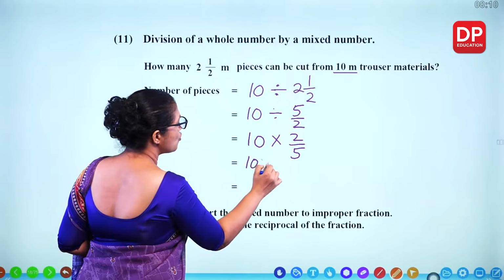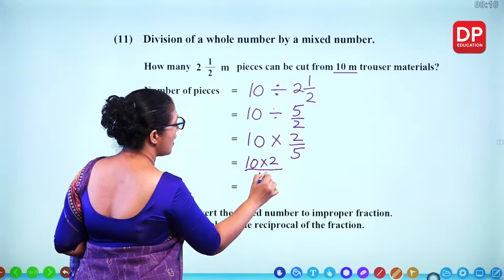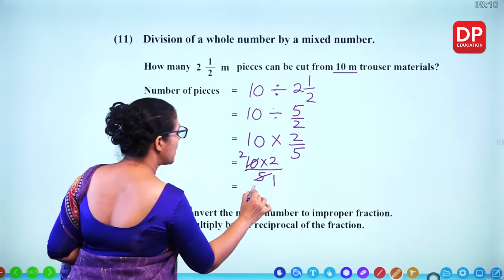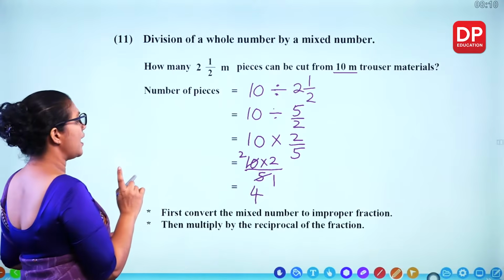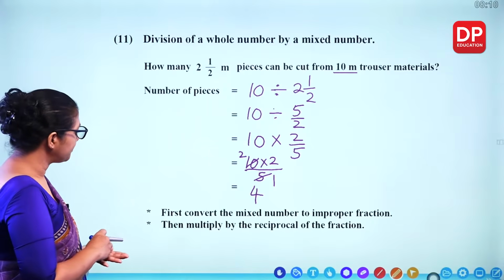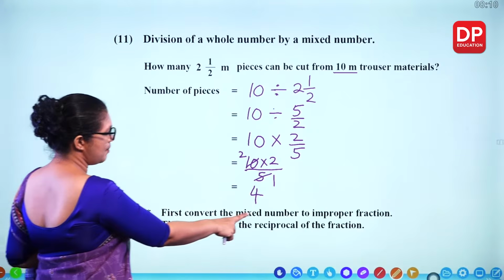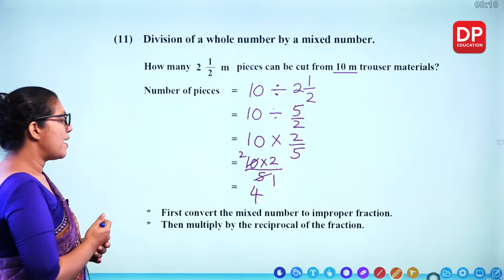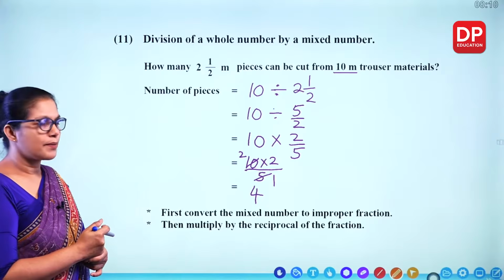So 10 times 2 divided by 5. 5 times 1, 5 times 2. So 2 times 2 becomes 4. So you can cut 4 pieces from this. First convert the mixed number to an improper fraction and then multiply by the reciprocal of the fraction.